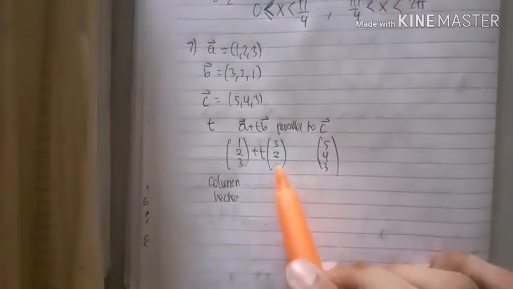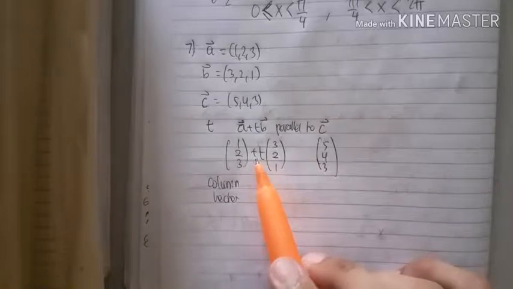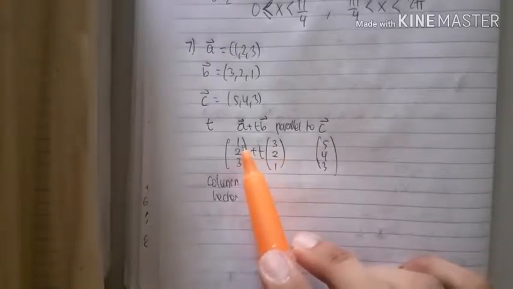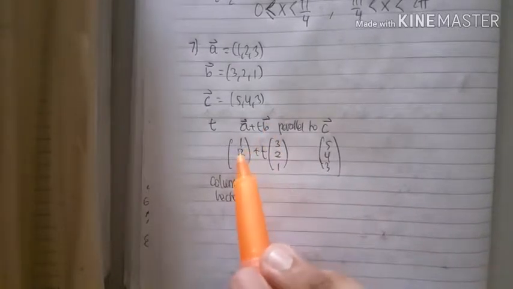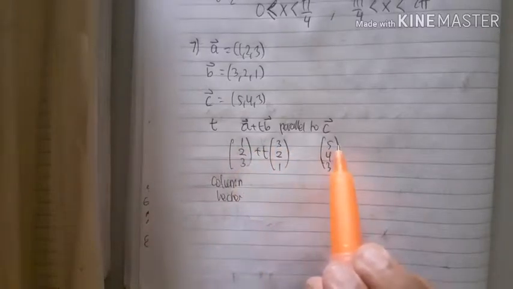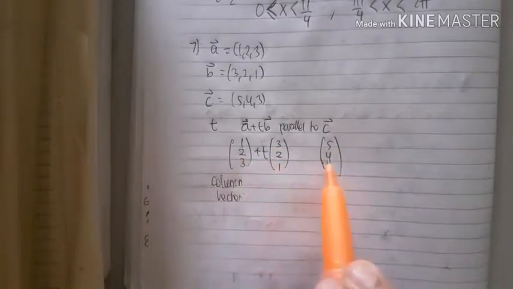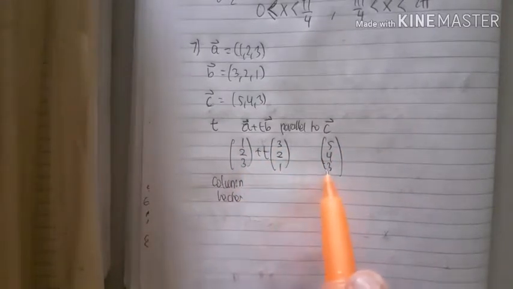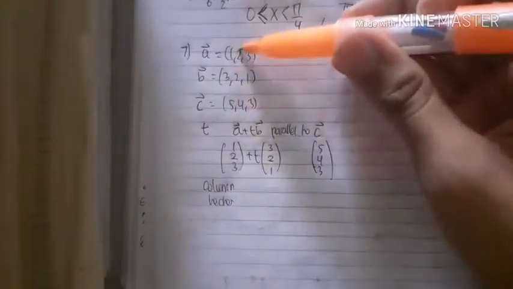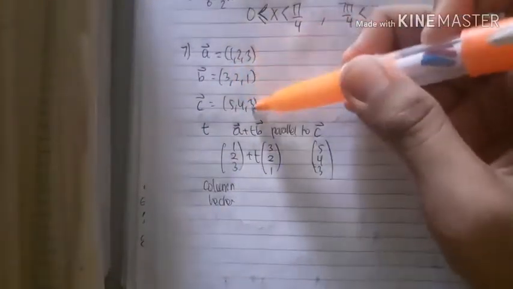And remember, if parallel, this means that this is the x coordinate, this is the y coordinate, and this is the z coordinate.